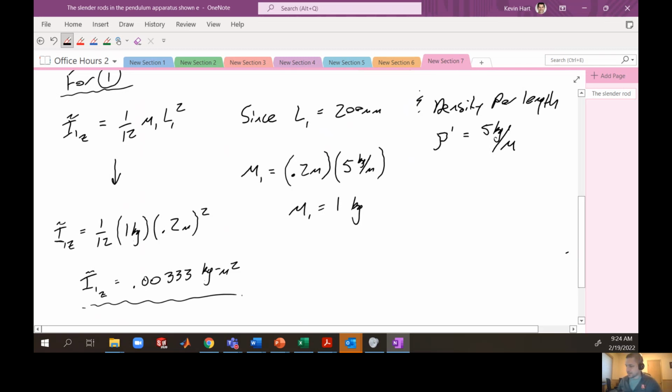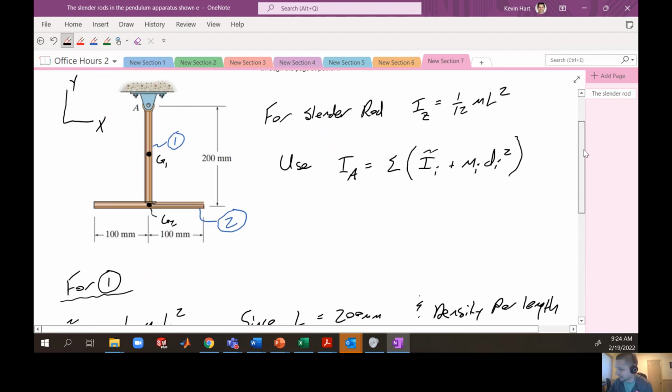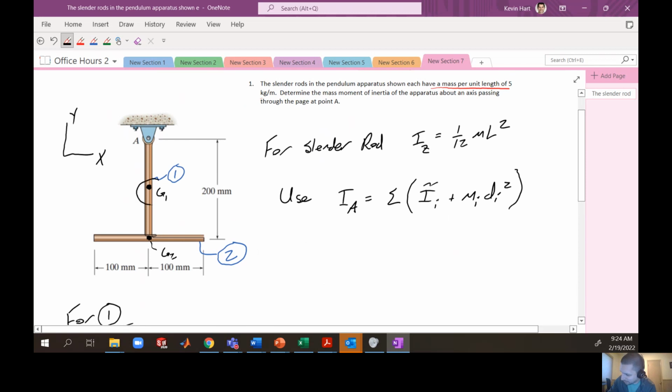So this is the mass moment of inertia of this first object about its own center of gravity axis, an axis that passes through point G1 in the Z direction.